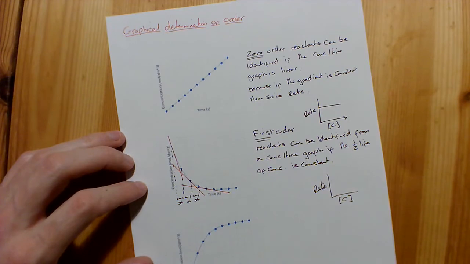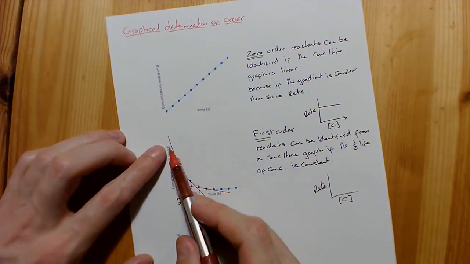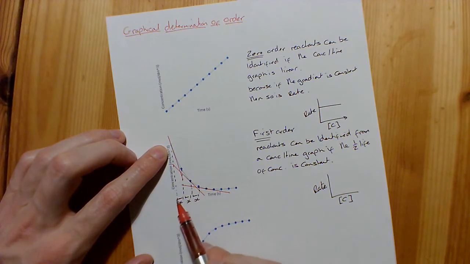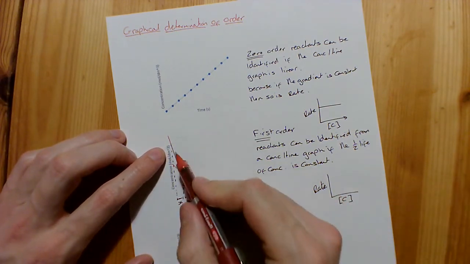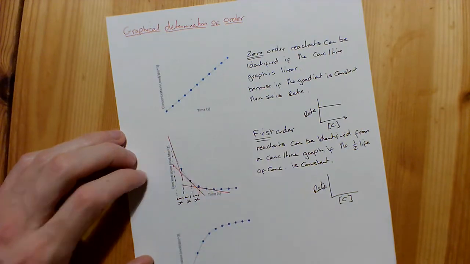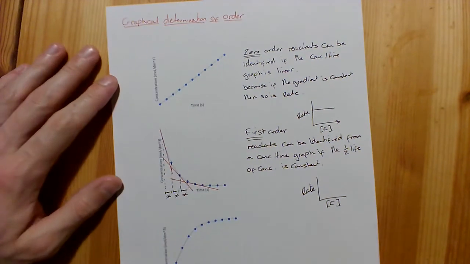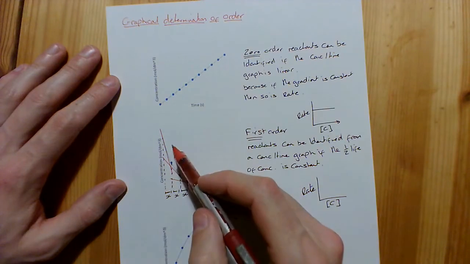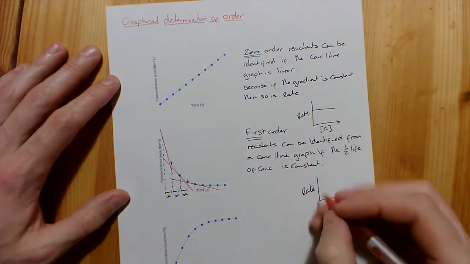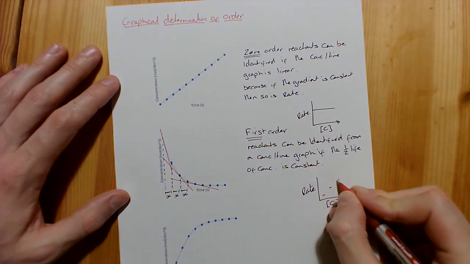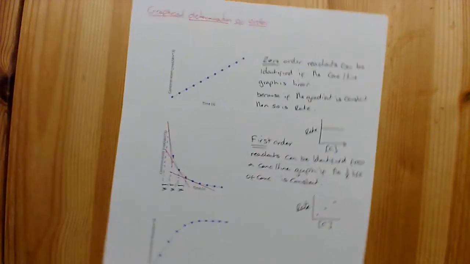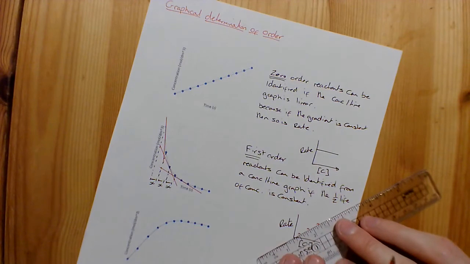So at a high concentration the rate is high, and at a low concentration the rate is low, which is what you'd expect. So if you took these 3 tangents and worked out the gradient of each one of those tangents and you plotted them, what you would find is a linear relationship.